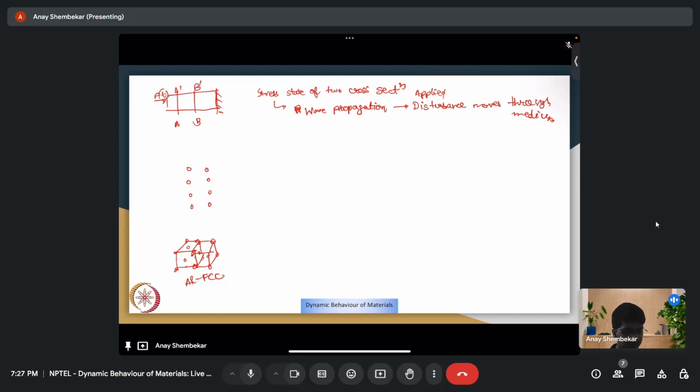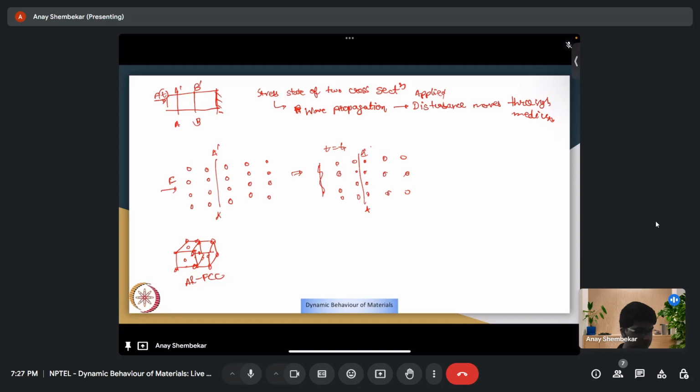At a very basic level, if I want to see how disturbance would move, suppose I have atoms like this and a force F is applied. After a while, what I see at time t equal to t1, this is section A dash. There may be some contraction at A dash, but away from it, there may not be anything there yet.